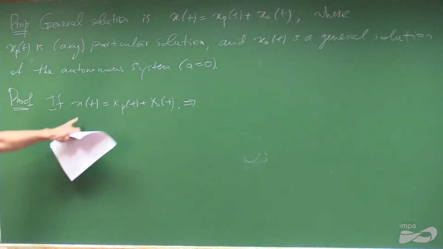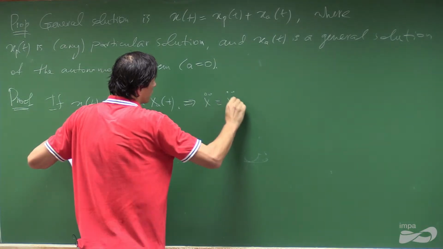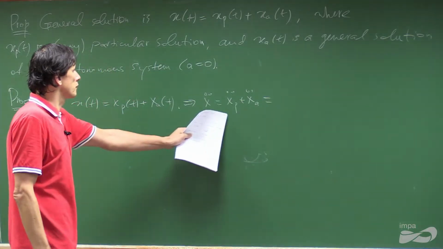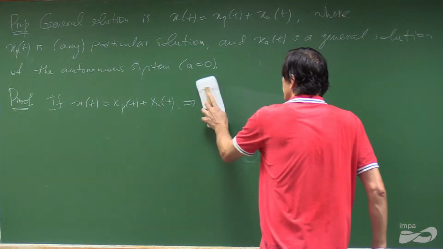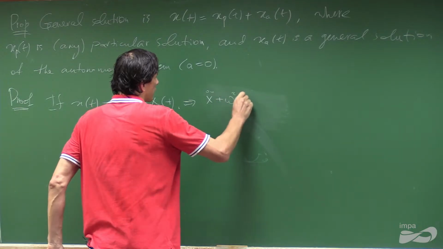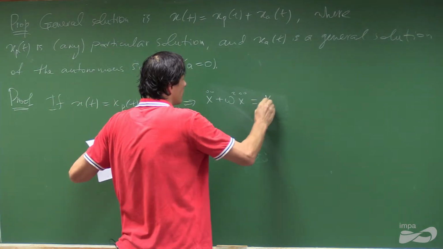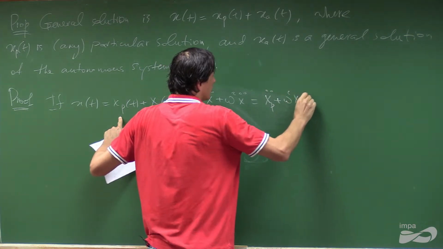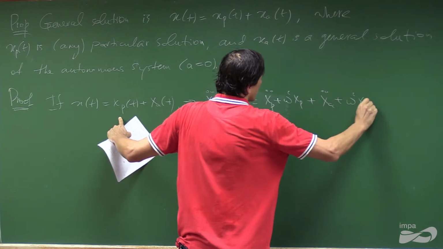then what can you compute? Let's compute the second derivative. The second derivative of x is the second derivative of p plus the second derivative of a. Now let's just verify that the equation of motion is satisfied. So x double dot plus omega squared x is what? We substitute the sum, so it will be xp double dot plus omega squared xp, and then xa double dot plus omega squared xa.